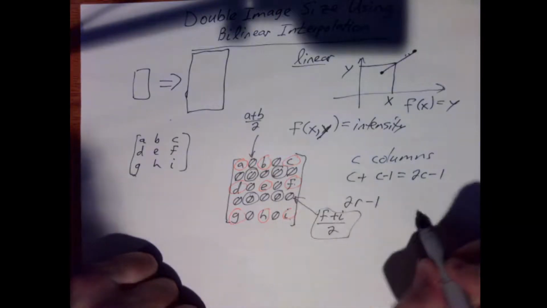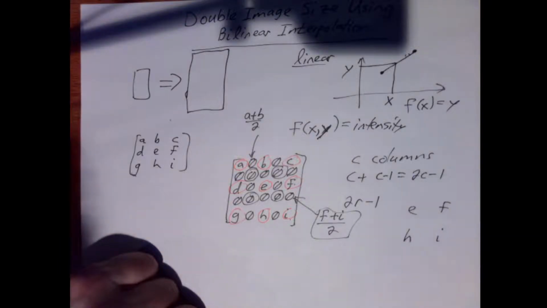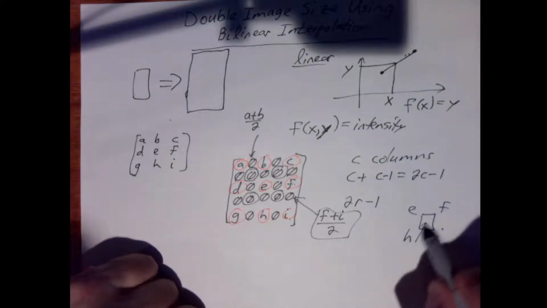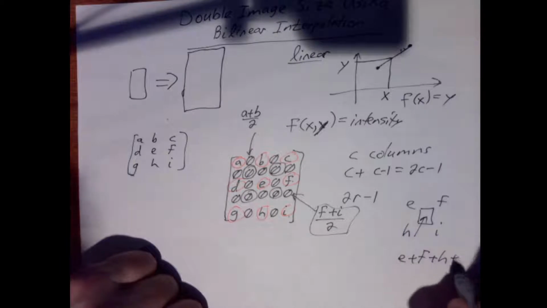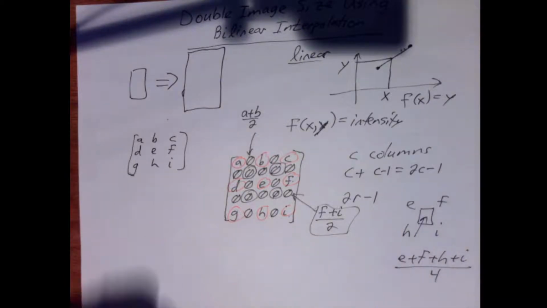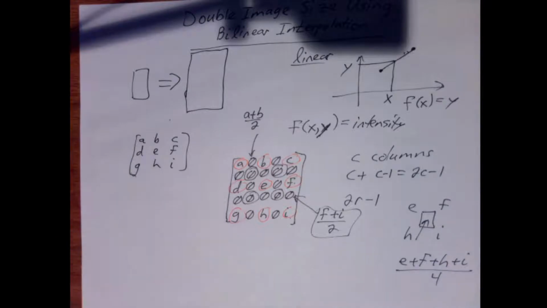What I'm going to do there, like if I look in this lower right-hand corner here, where I have E, F, H, and I, and I'm going to fill in this spot right here. Well, I'm going to take the average of these 4 values. So this value right here will be E plus F plus H plus I divided by 4. And I'll do that for all these values and then save that as a new image. Let's see how well it works.